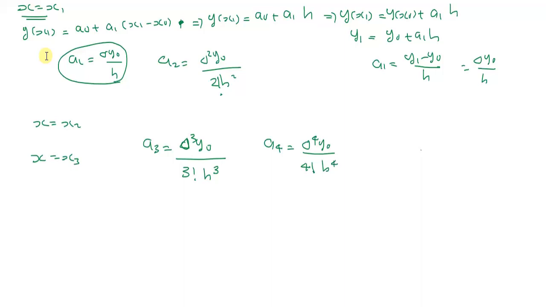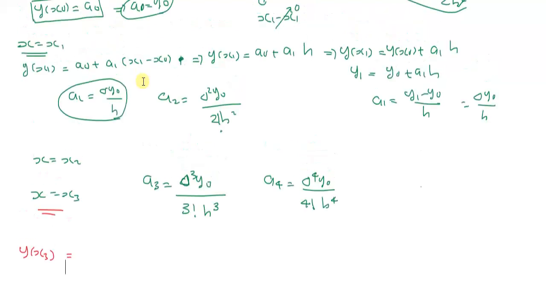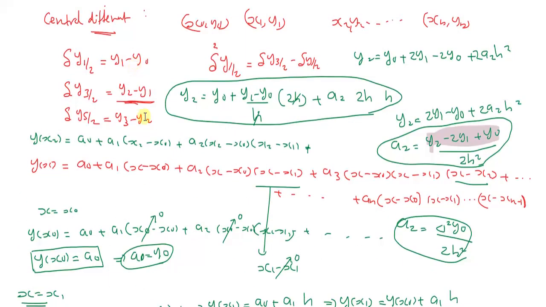Okay, so let us evaluate a3 also. For that I have to substitute x is equal to x3. So y of x3 will be equal to, we have to substitute in our equation. So let me write that equation there.